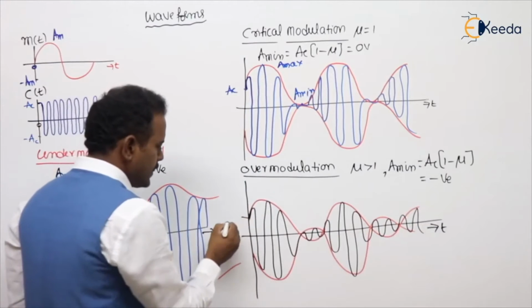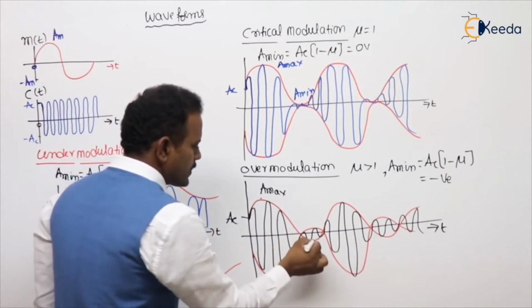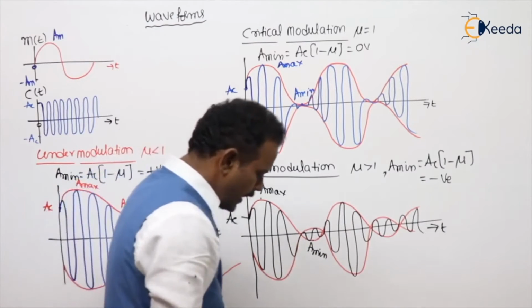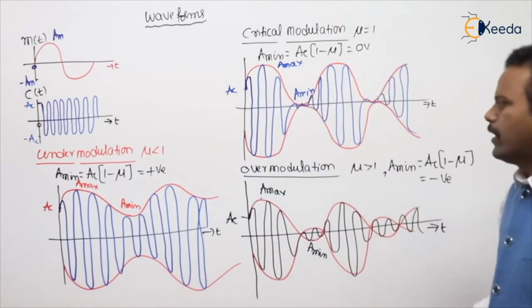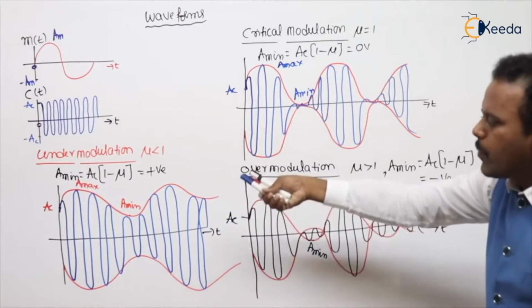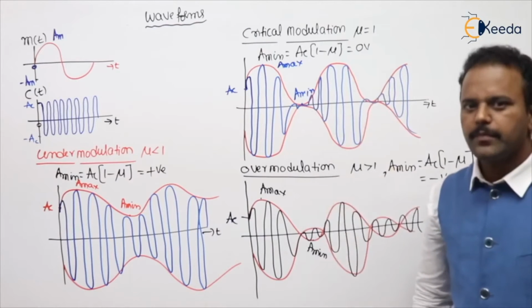Of course, this is AC, this is A max, this is A minimum. Now you can see A minimum comes in the negative side because here mu value greater than 1, A minimum we got less than 1. Try to see how the positive envelope of AM signal is going to varies in all the 3 cases.